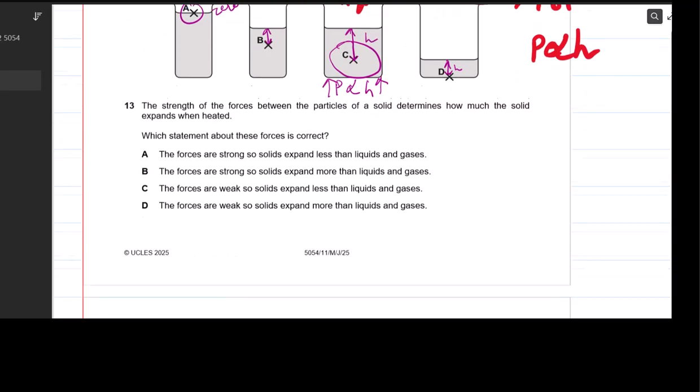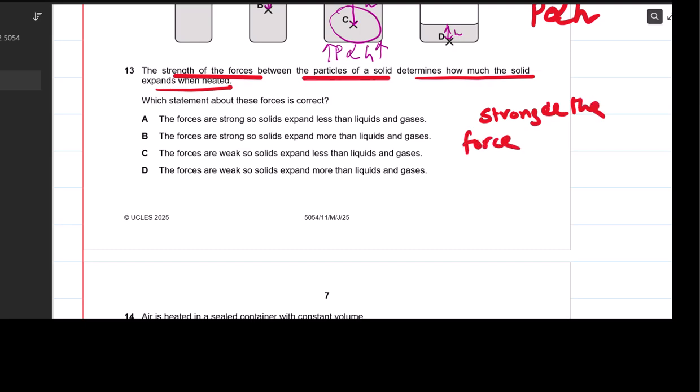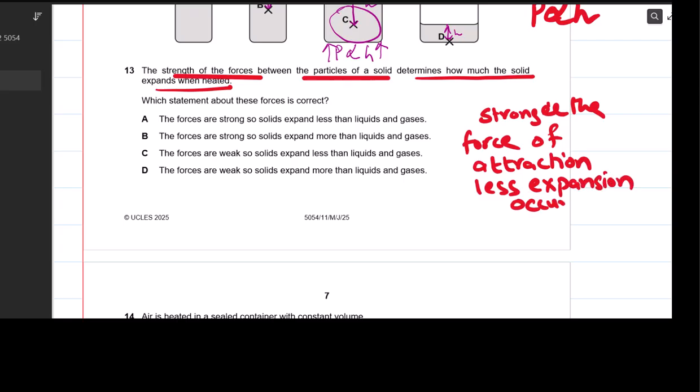Moving to question 13. The strength of the forces between the particles of a solid determines how much the solid expands when heated. So remember, stronger the force of attraction, less expansion occurs.